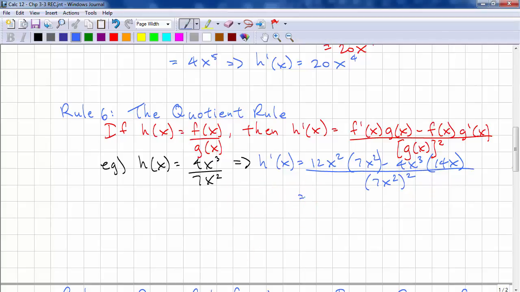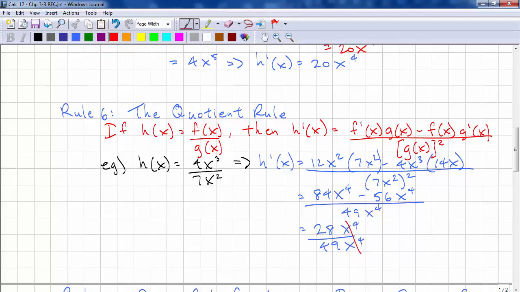And we have simplification here. This is 84x to the power of 4 minus 56x to the power of 4, over 49x to the power of 4. And we have 28x to the power of 4 over 49x to the power of 4.